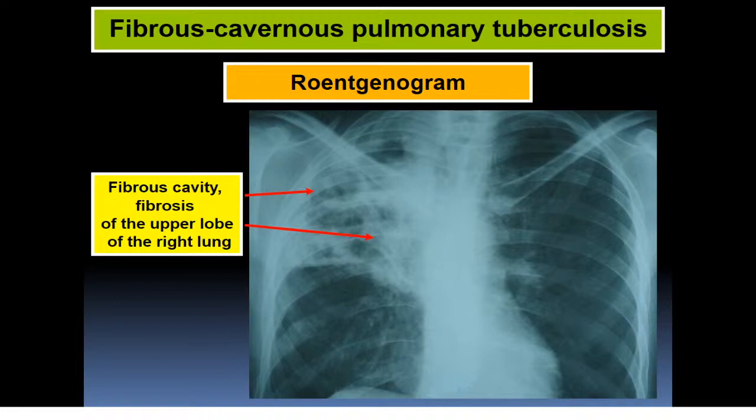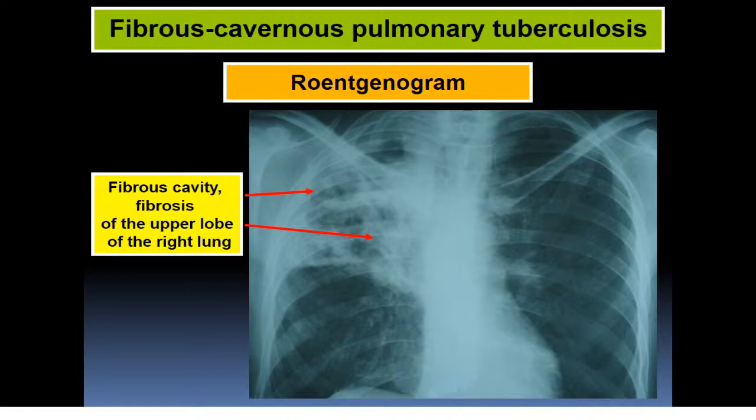On this X-ray, we can see affection of upper lobe of the right lung also. This is formation of cavity with fibrosis around. And we can see upper lobe of the right lung decrease in size as a result of fibrosis. Also, trachea shifts to the right side as a result of formation of fibrosis in the right side.